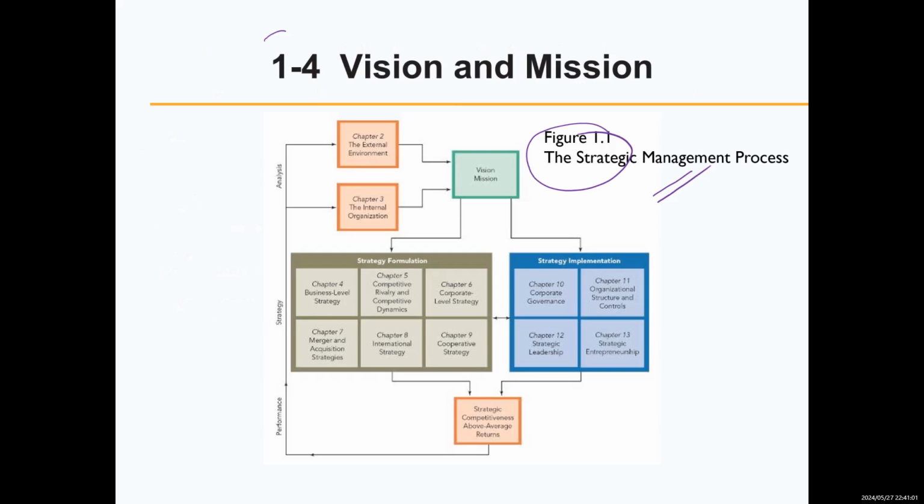So remember, the strategic management process indicates the relationship between the firm's internal resources and capabilities and the conditions and characteristics of the external environment, to develop organizational vision and mission.